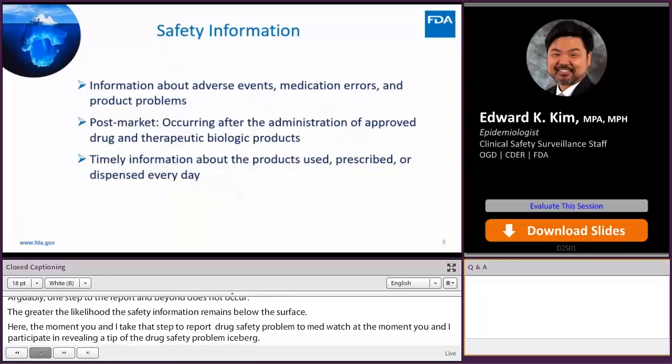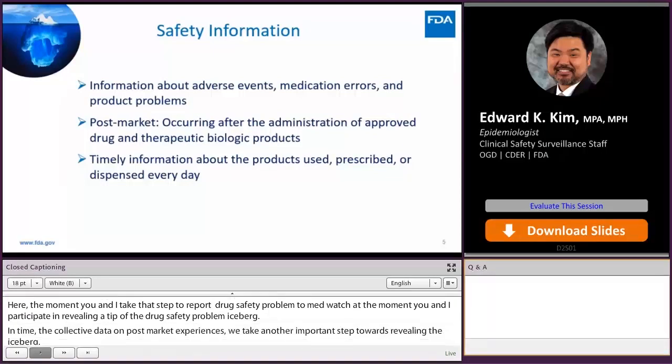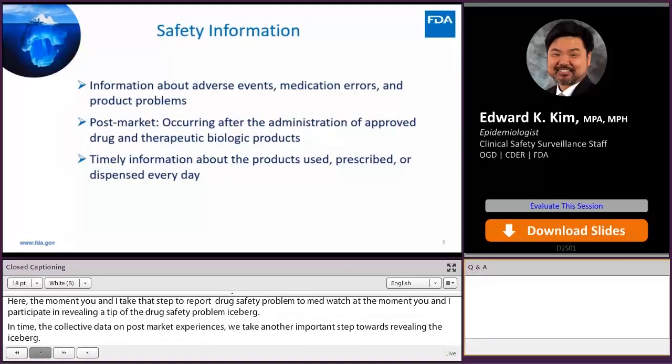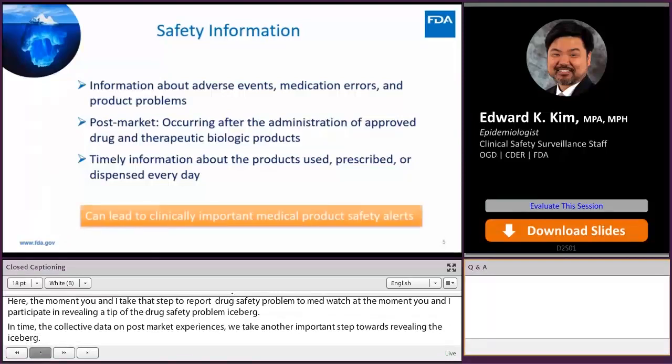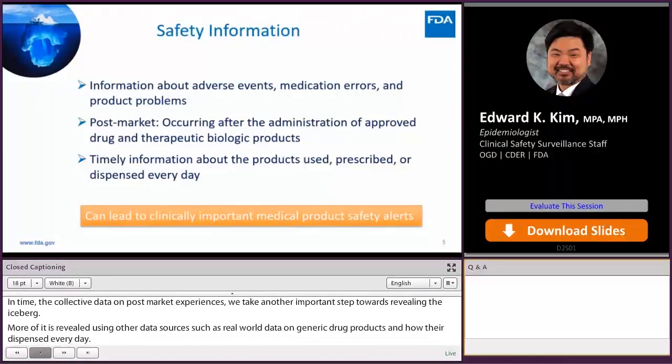More of it is revealed using other data sources such as real-world data on generic drug products and how they're used, prescribed, and dispensed every day. And it becomes clearer how these elements, among others, lend insight into clinically important medical product safety alerts.